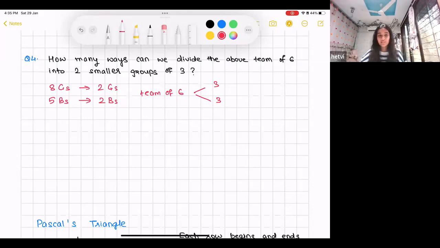No rule. It could be either way. Yes, Kirti, that's correct.